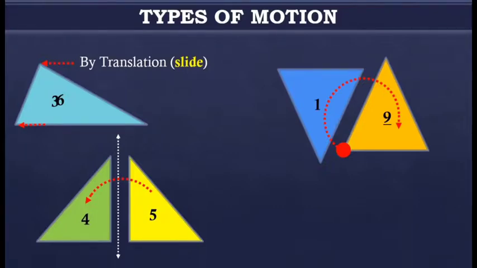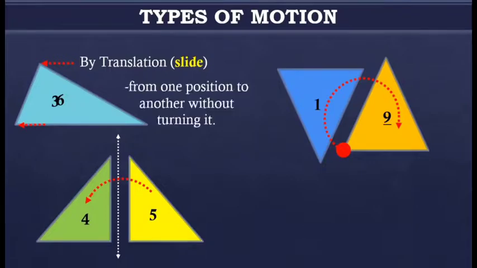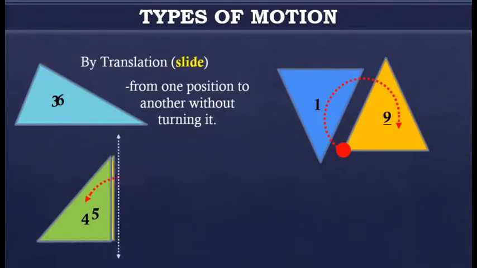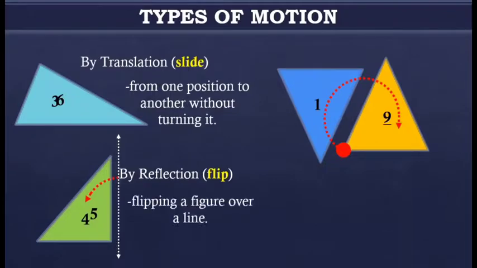When we say by translation or slide, this is where we are moving one triangle from one position to another without turning it. Next, this one is what we call by reflection. This is where we are flipping a figure over a line. This is what we call mirrored.